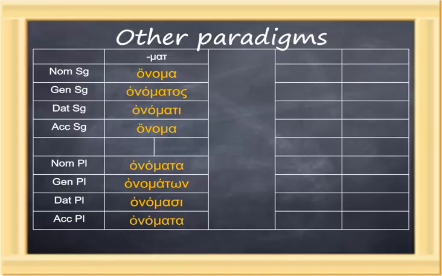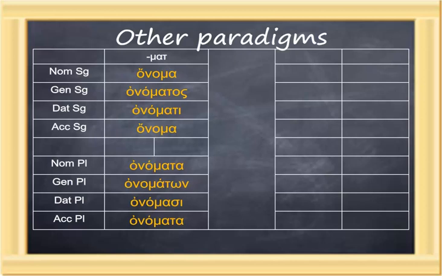There is a class of third declension nouns called mat stems because their stem ends in mu, alpha, tau. And you can see that stem in the genitive singular if you take off the genitive singular ending omicron sigma. Onomat is the stem of onoma.